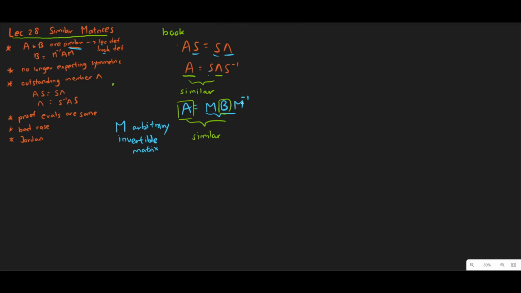From here you get the definition introduced initially in the lecture: if you put B on the left-hand side and M on the A side, then you have M inverse A M. Let me read it again: A, M, B, M inverse.